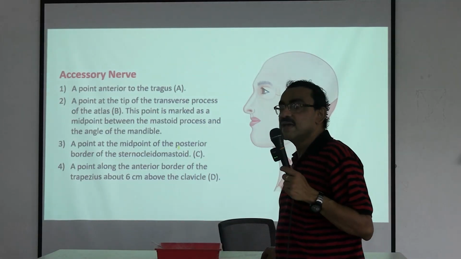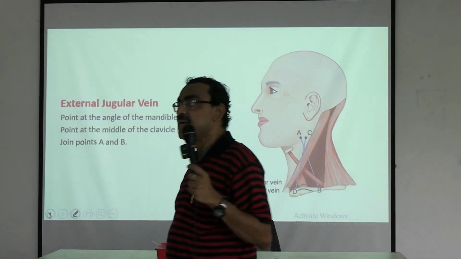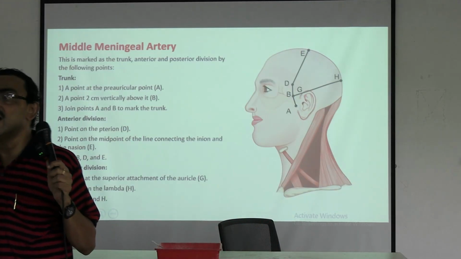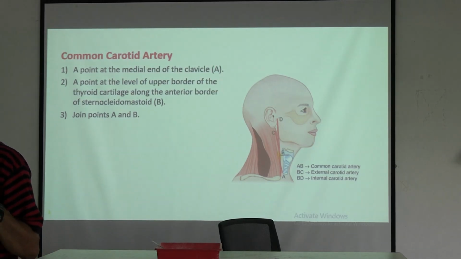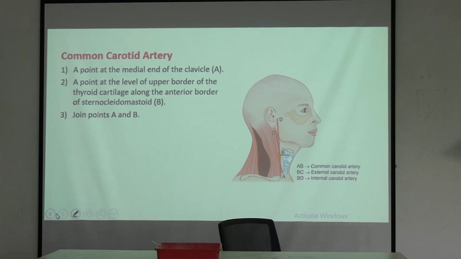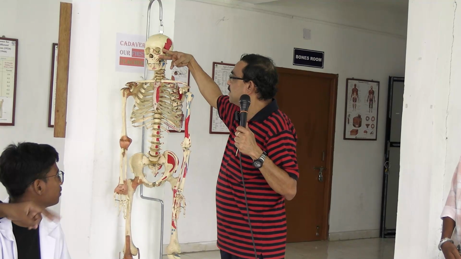So what is the importance of this infraorbital foramen? The maxillary nerve is continued as the infraorbital nerve. We know there are 3 branches of the trigeminal nerve: one is the ophthalmic branch, one is the maxillary branch, one is the mandibular branch.